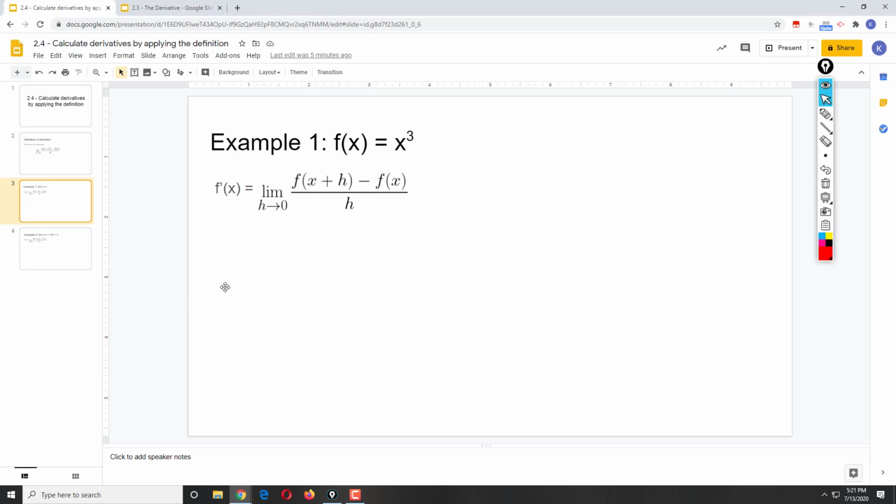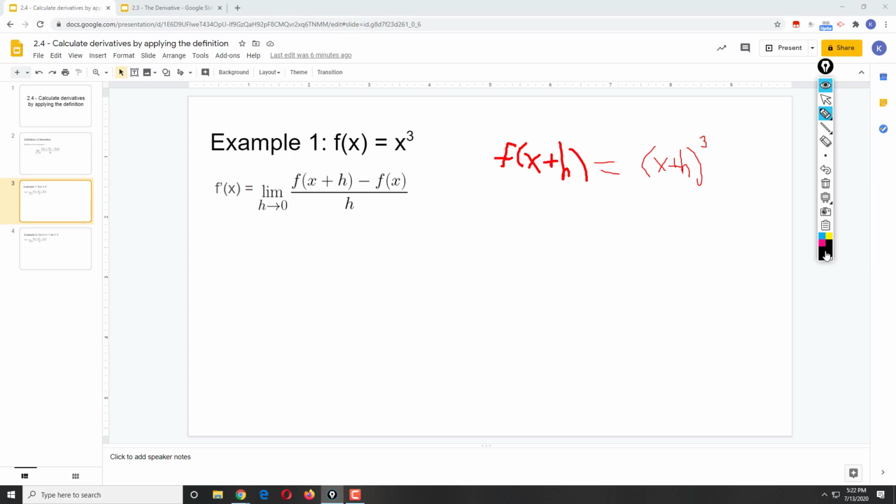Example 1, f of x equals x cubed. Let's find the derivative. To find the derivative, we know that we need to figure out f of x plus h. Well, if f of x is x cubed, then f of x plus h is going to be x plus h cubed.